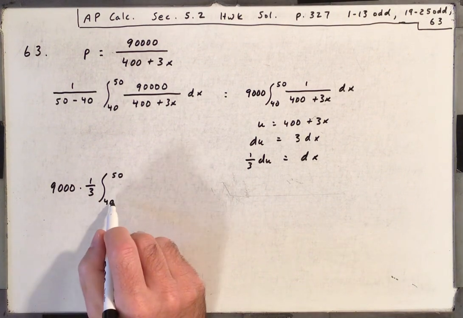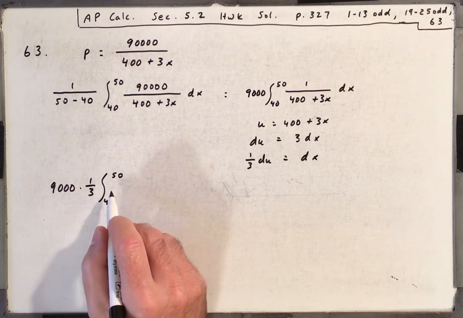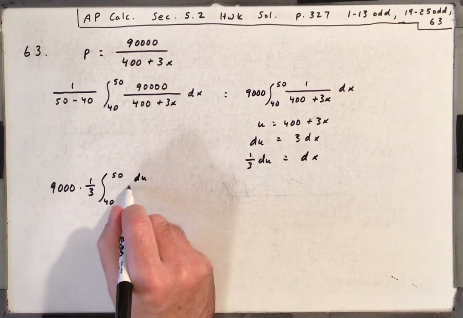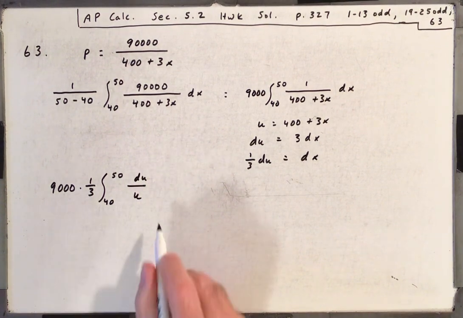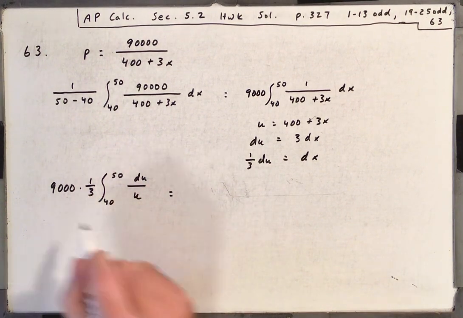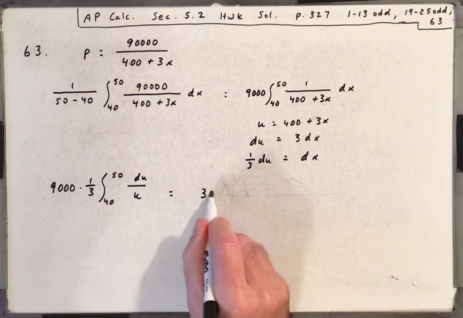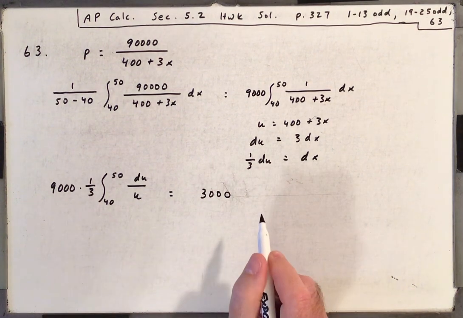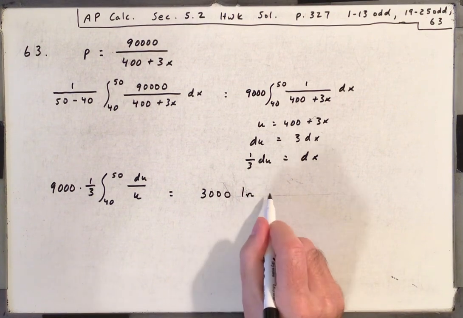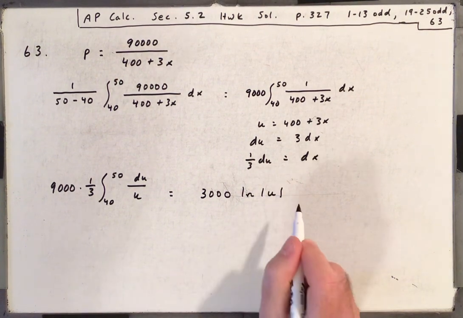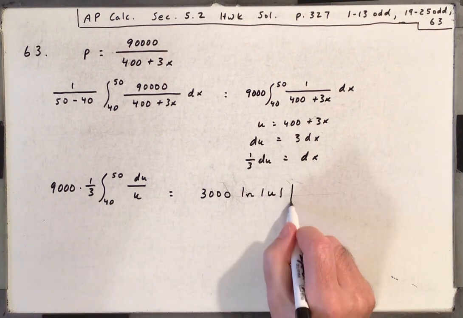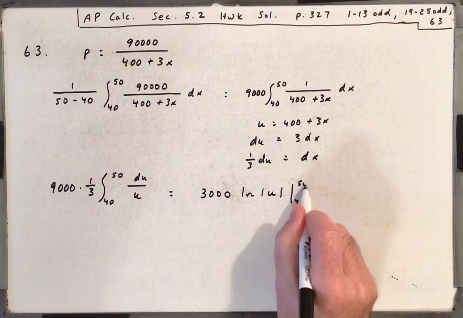In terms of u, we're going to have just du over u. Well, 1/3 of 9,000 would be 3,000, right? So 3,000 times the natural log of the absolute value of u evaluated from 40 to 50.